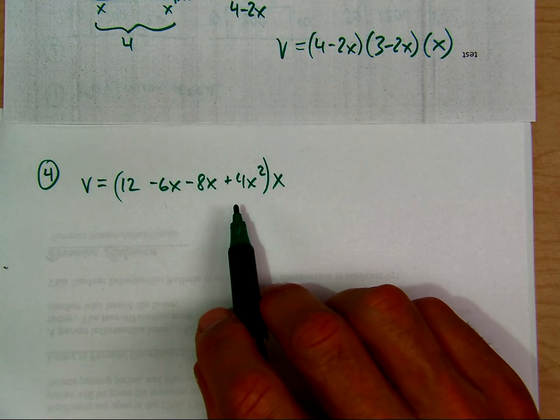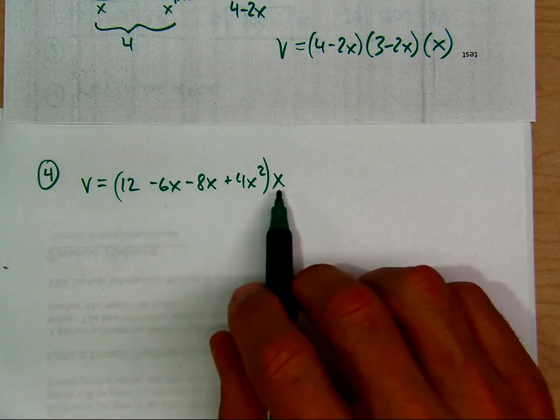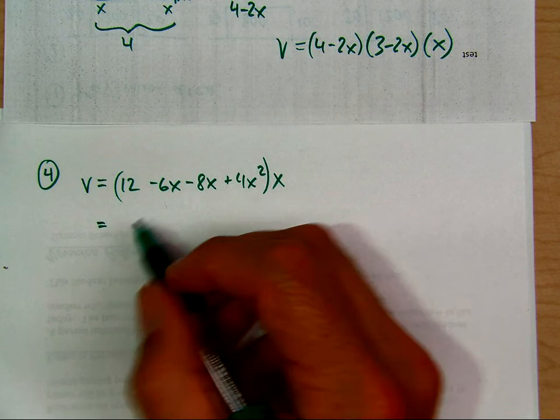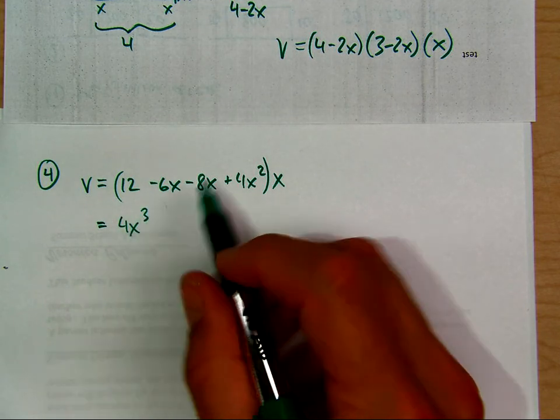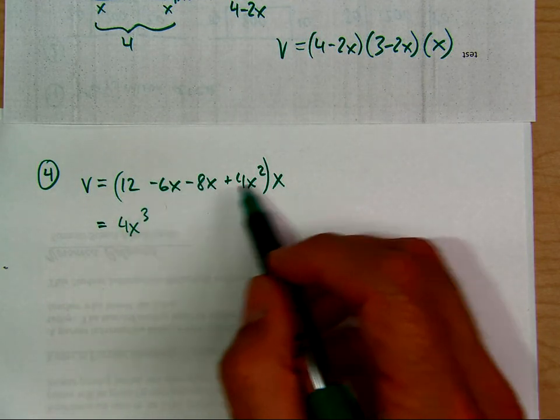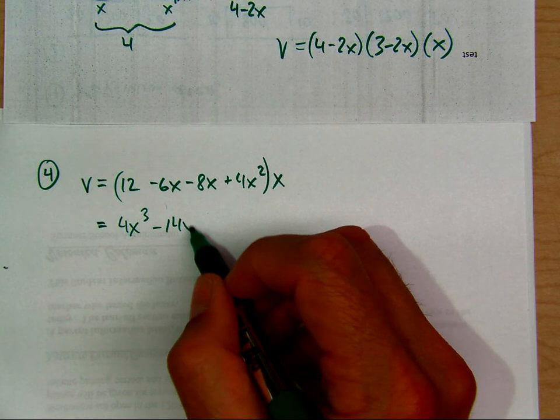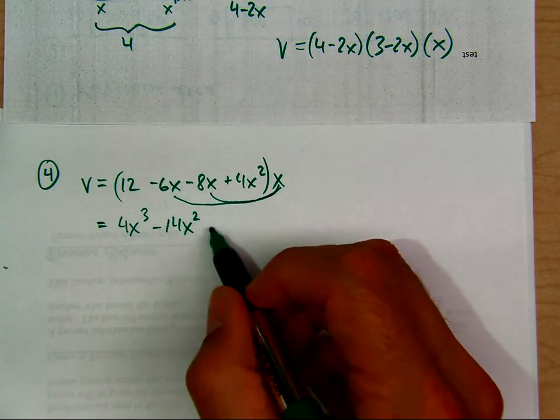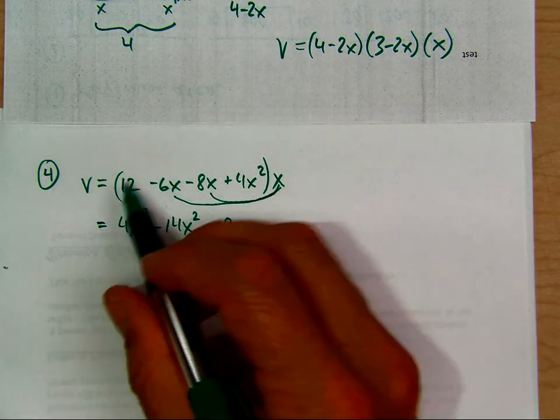If we combine and distribute, we'll have 4x cubed. This will be negative 14x squared. It's squared because we're distributing. And then plus 12x.